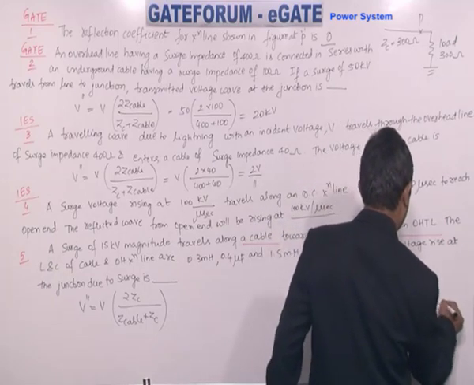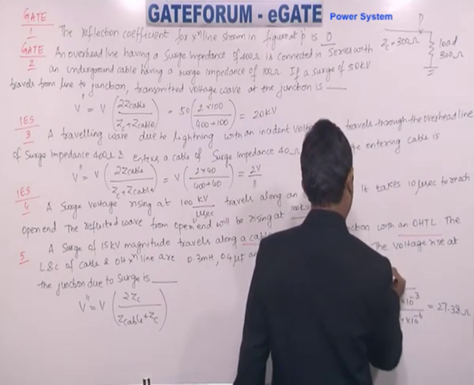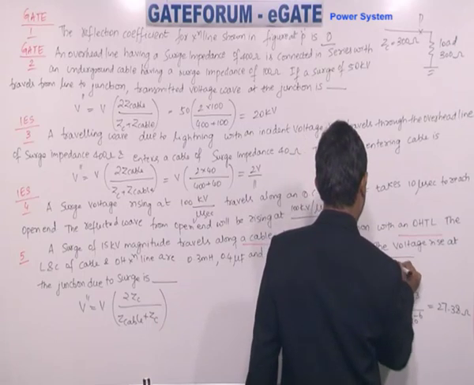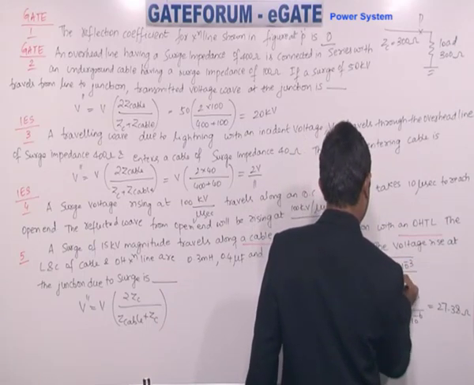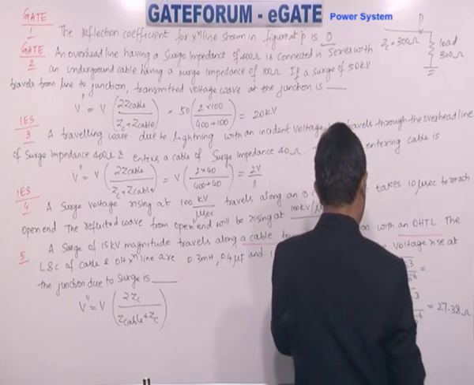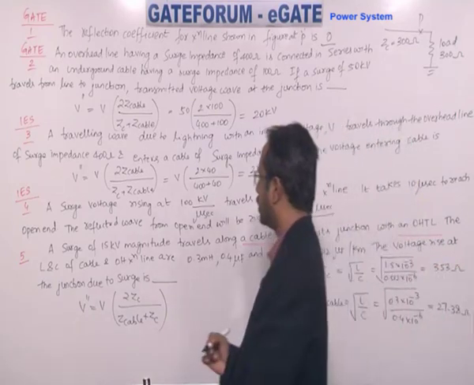You get 27.38 ohms. Next check for the line, 1.5 millihenries and 0.012 microfarads. How much you get? 353 ohms.